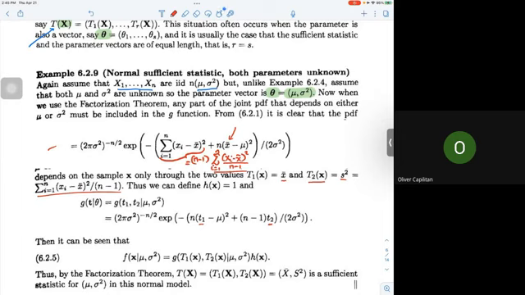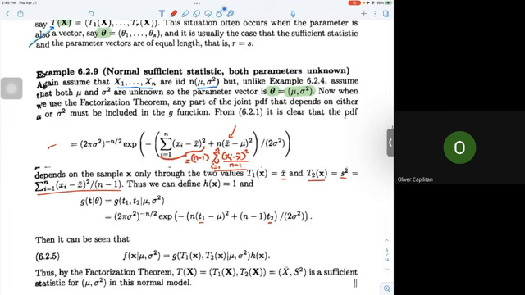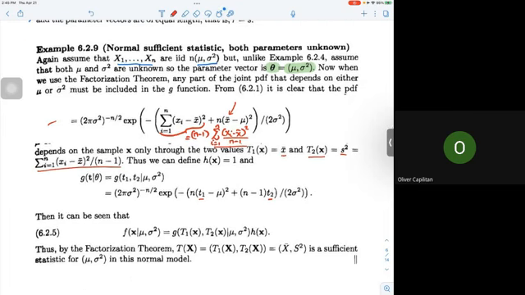So we have factored our joint PDF as a function of the sample only, h of x, and a function of our statistics, given our parameters mu and sigma.